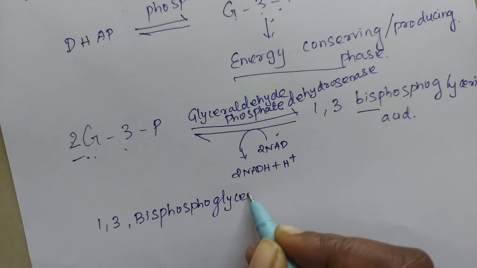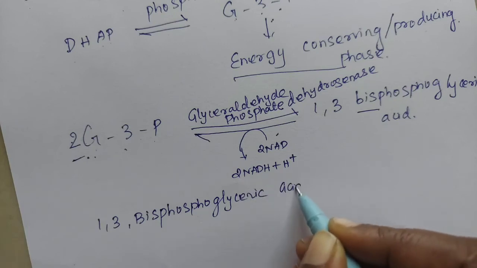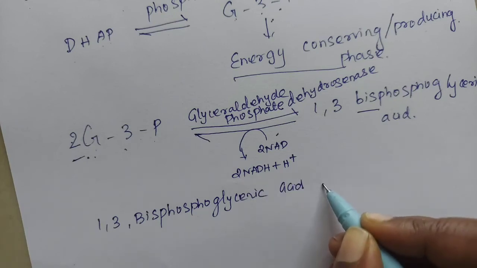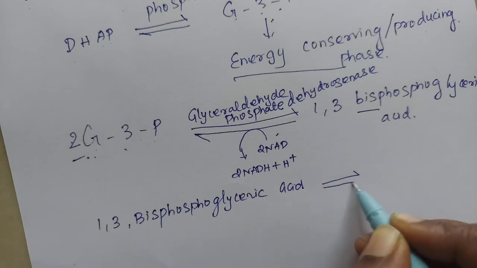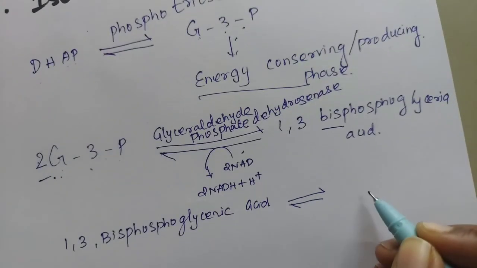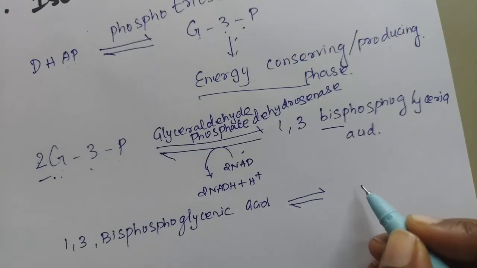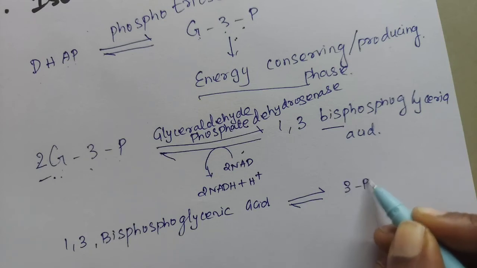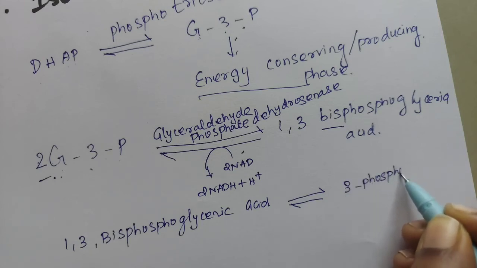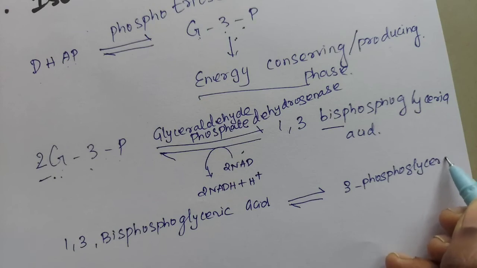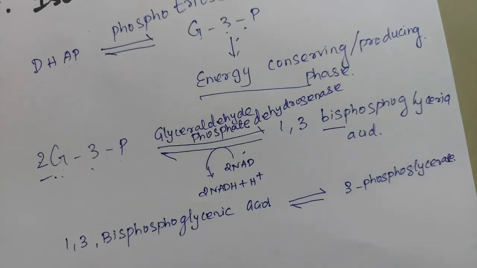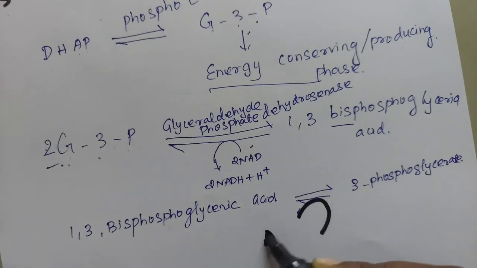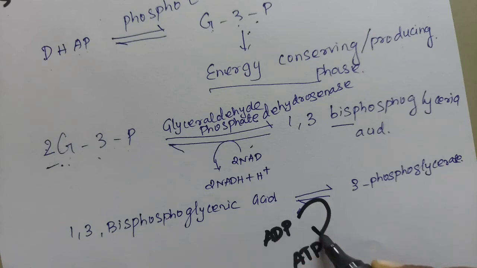1,3-bisphosphoglyceric acid is converted into the next form. Again, this reaction is a reversible reaction. 1,3-bisphosphoglyceric acid produces 3-phosphoglycerate, and here you can find 1 molecule of ADP converted into ATP.